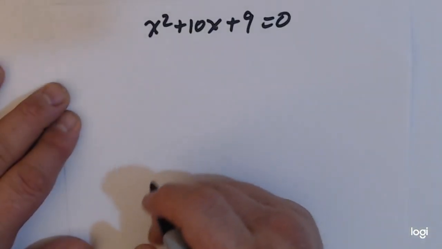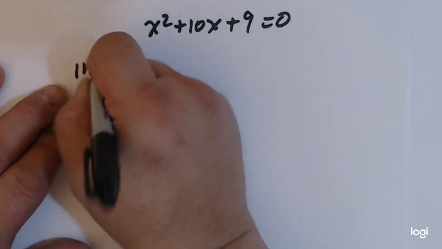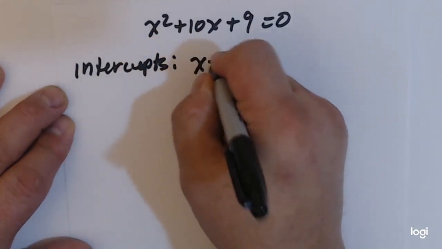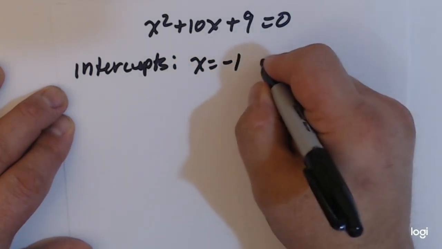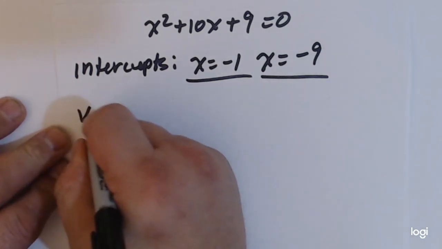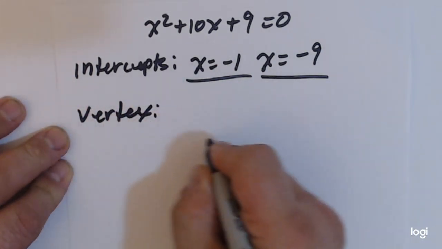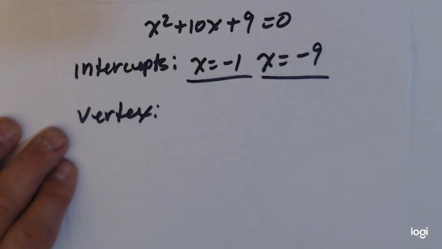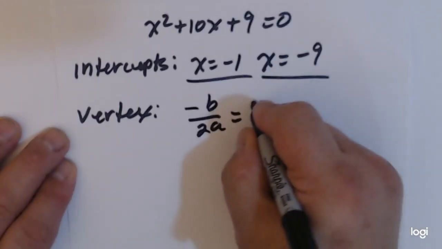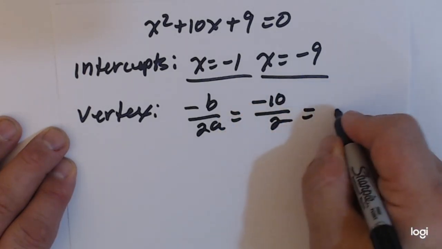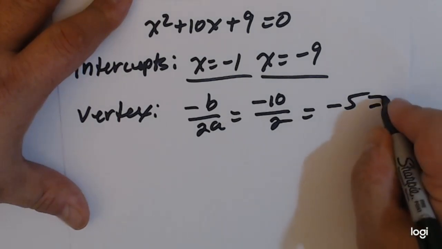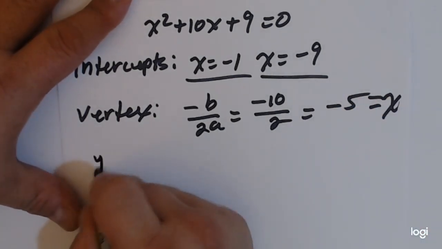So we know that our two intercepts are x equals negative 1 and x equals negative 9. And now we want the vertex. So we're going to start with negative b over 2a, which is negative 10 over 2, which is negative 5. And that's for x. Now let's get our y value.